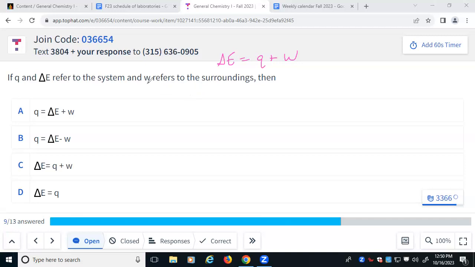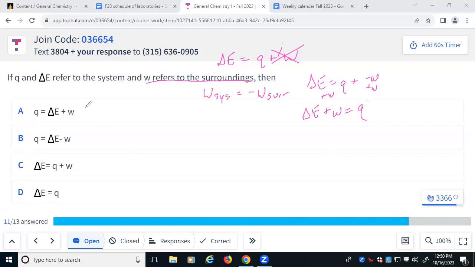So the trick here is, since W is referring to the surroundings, then that means that the W of the system is going to be the opposite of that. And so if I substitute, what that means is that delta E is equal to Q plus negative W. And so solving by adding W to both sides, delta E plus W is equal to Q. So letter A would be the correct answer there.